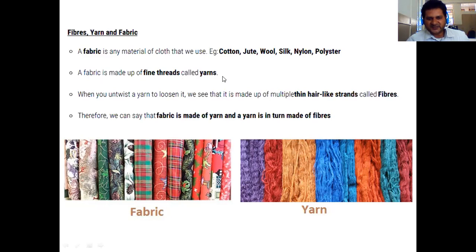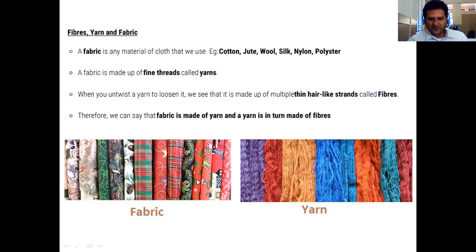What are yarns? Yarns are thin thread-like structures. Fibers are thin hair-like structures. These fibers are further divided into yarns. Yarns are made up of very thin fibers that combine together. Yarn forms a fabric. Fabric is nothing but your cloth.